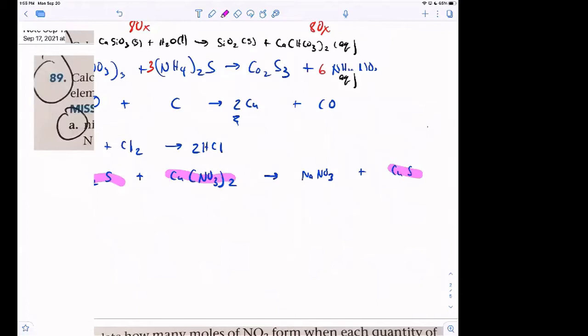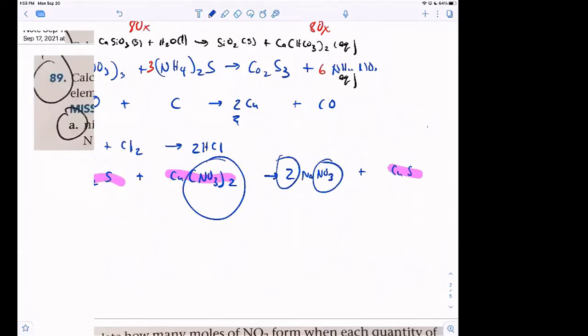And now I want to balance the sodiums. There are 2 sodiums right here, and there is 1 sodium right here. So I put a 2 in front of that to balance the sodiums. And then I look at the nitrates, and there are 2 nitrates here and 2 nitrates there.